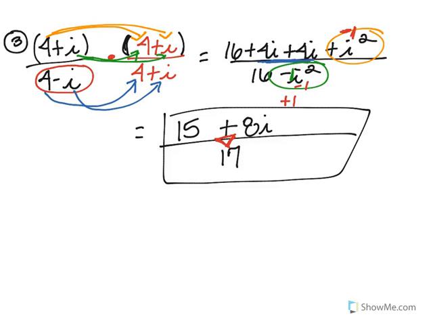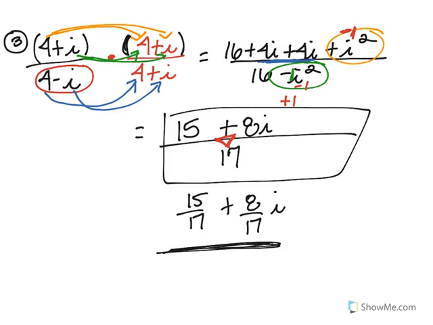So if you type it as 1 whole fraction, I will have to go through and give you credit for it, and I will. But my labs is going to want this as 2 separate fractions, which I hope you notice would be the same thing. 15 over 17 plus 8 over 17 i is the exact same answer. But this is more of what my labs wants typed in. But they're the same exact answer. So I'll give credit for both.